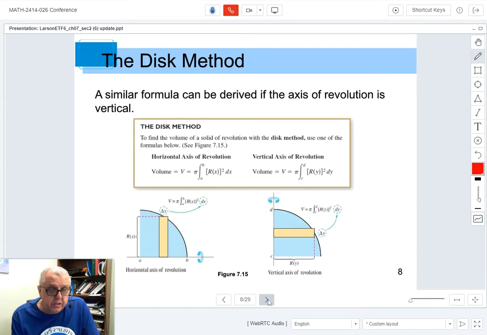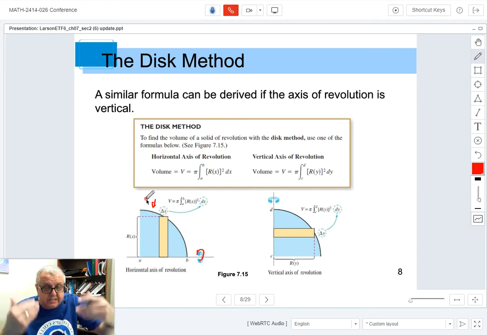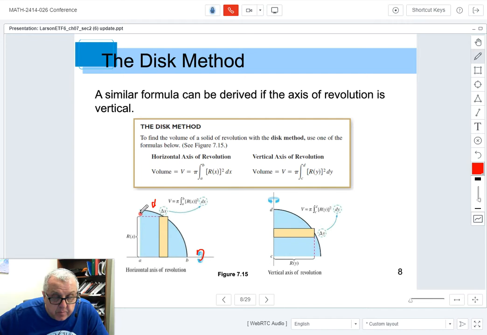Okay, so let me talk about the rotating. If you see this, we rotate this shape about the x-axis to find the volume. Since we're doing the x-axis, we're creating rectangles that go down to the x-axis and up to the graph.